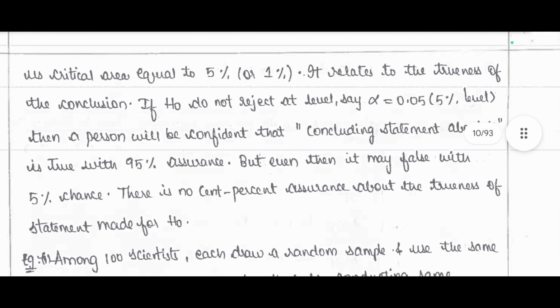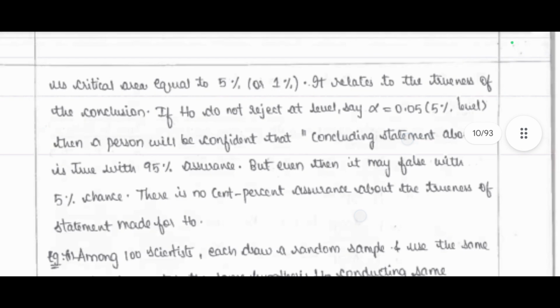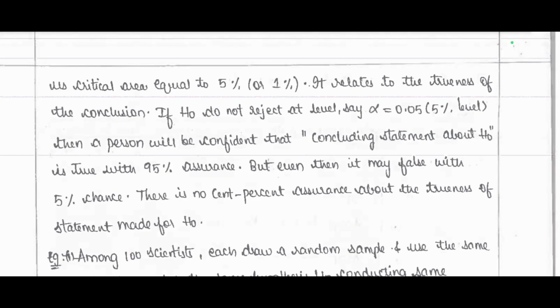It relates to the trueness of the conclusion, which is called the confidence level of a given test. This alpha indicates the probability of committing the type 1 error.